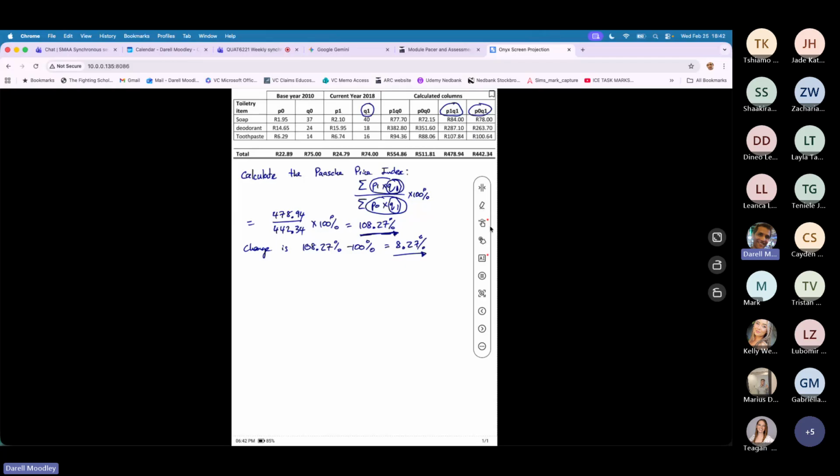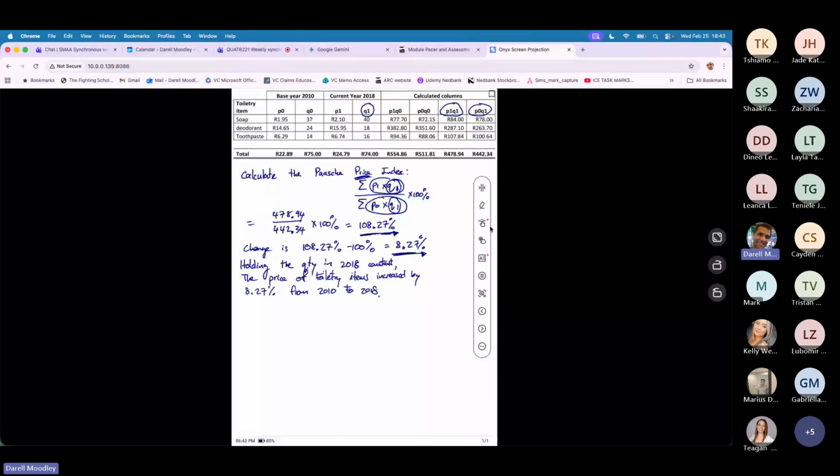So we would start off by saying, holding the quantity in 2018 constant, the price of toiletry items increased, because we've got a positive number here, by 8.27% from 2010 to 2018. That's it.